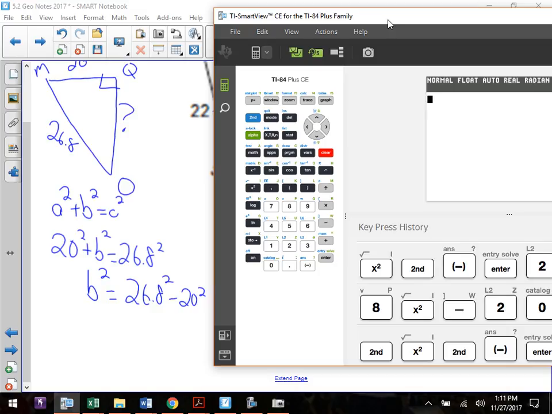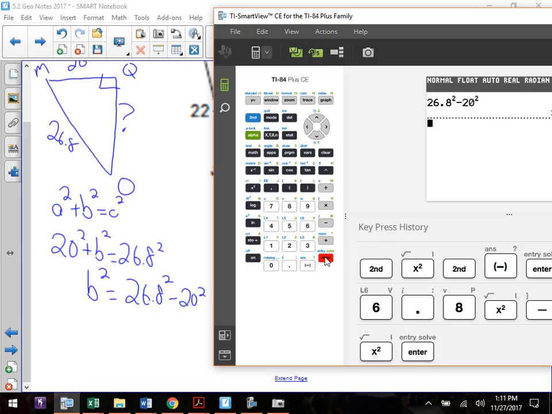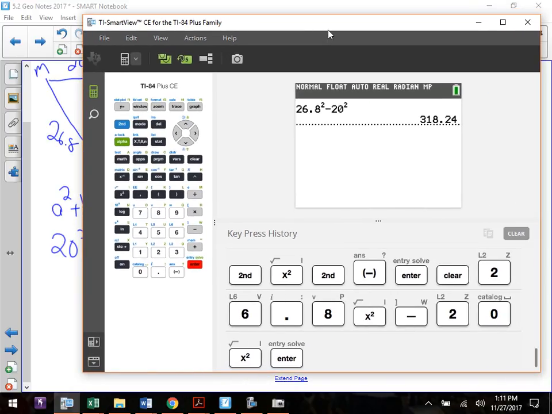That answer button is above, well, if you get second, the negative button. And the negative button for most of these is in that bottom right-hand corner-ish area. So here's what you would do. You would type in the calculator 26.8 squared, subtract 20 squared, and hit enter. And it gives you 318 and change.